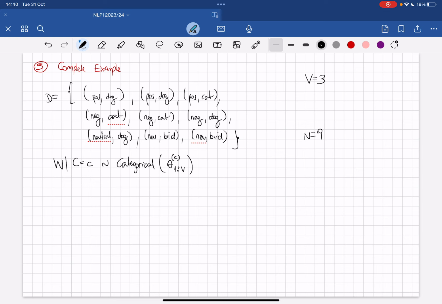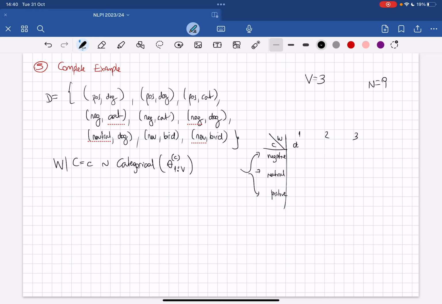Well, my V is 3, so I can spell this out. This, in fact, boils down to a table where I have negative, neutral, positive rows. So these are my values of C, and I have only 1, 2, 3 words in the vocabulary.